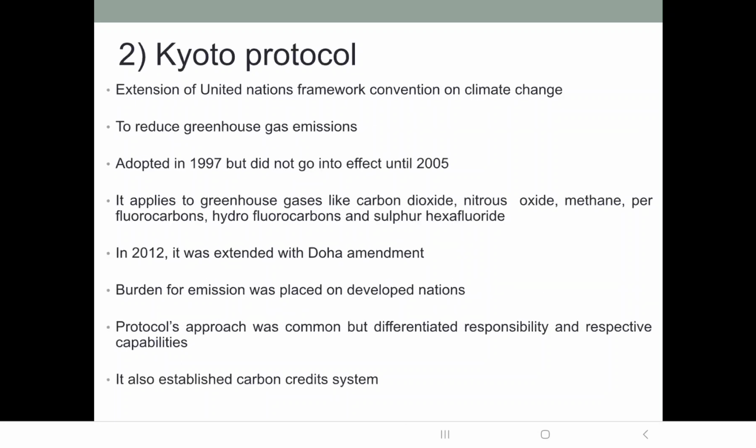So that was about the Kyoto Protocol. And this protocol demands that 37 developed nations work together to reduce greenhouse gas emissions.